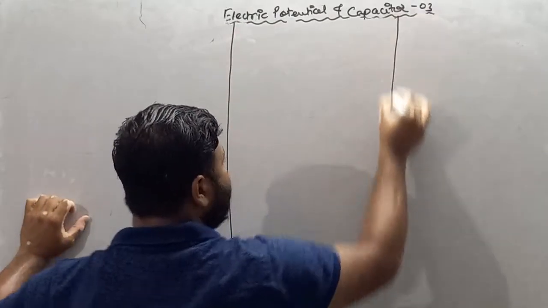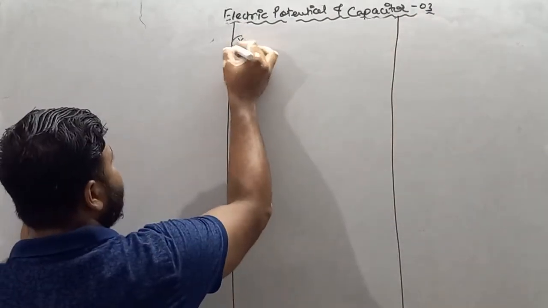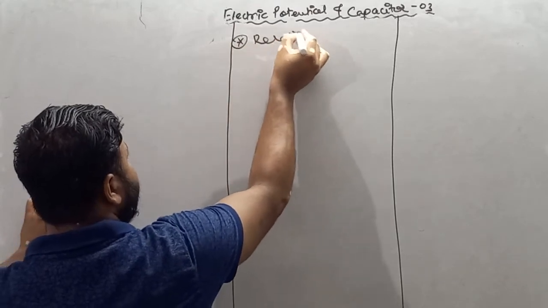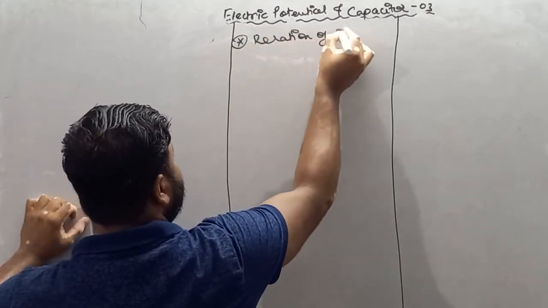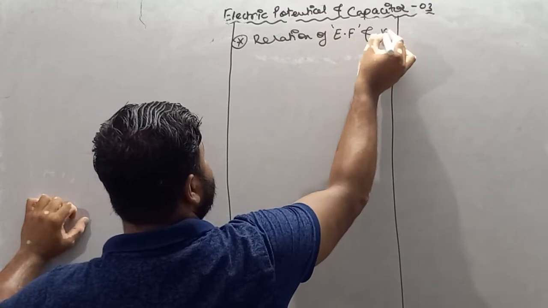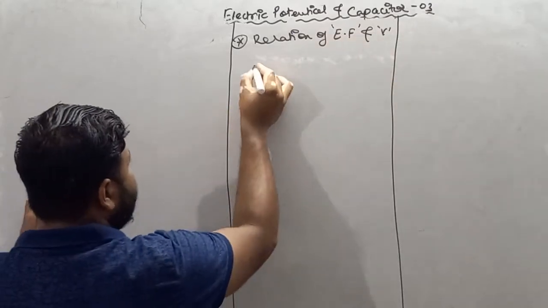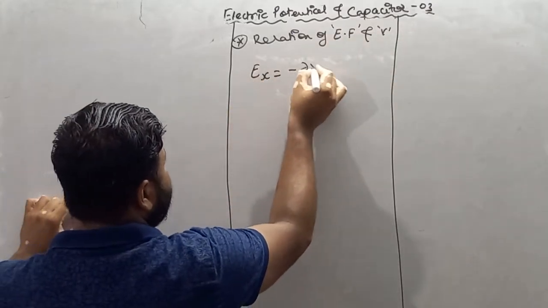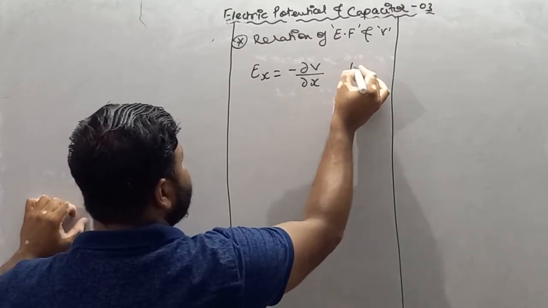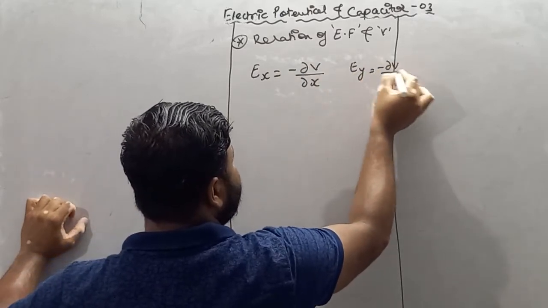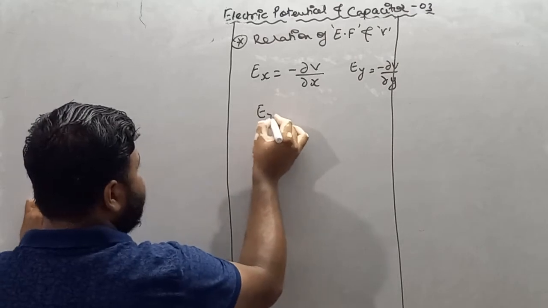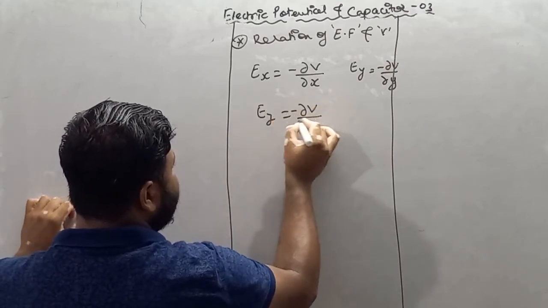As we all know, I'll write the heading, relation of electric field and potential. We know that Ex is equal to minus del V by del x, Ey is equal to minus del V by del y, and Ez is equal to minus del V by del z.